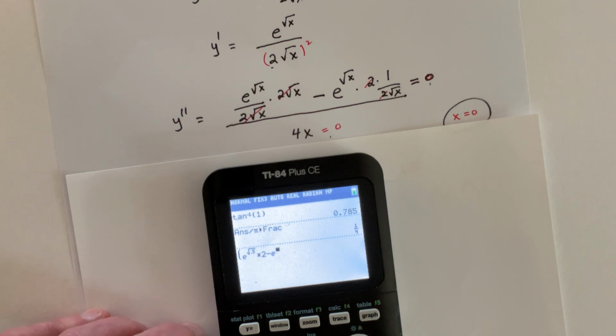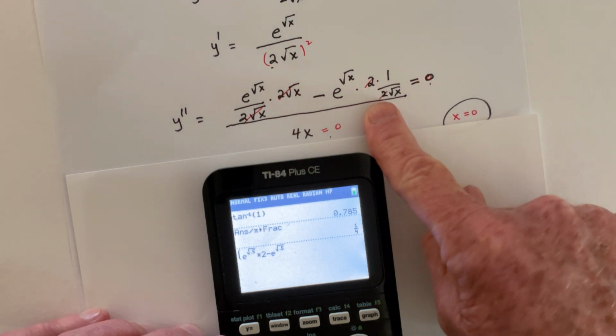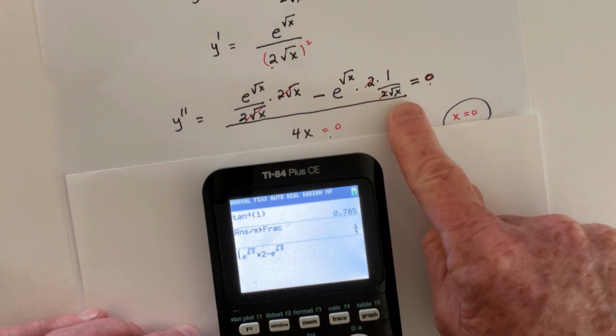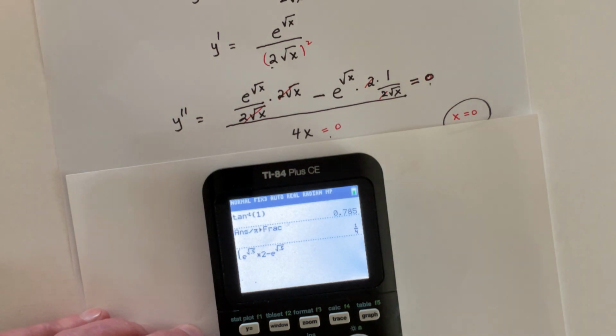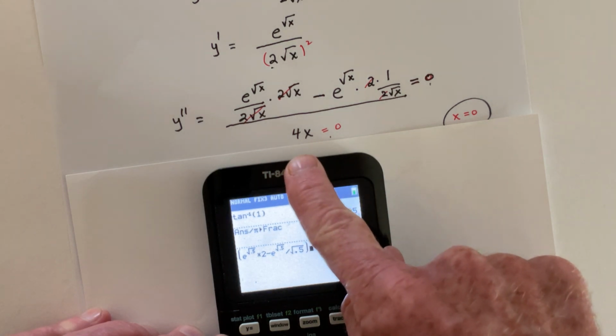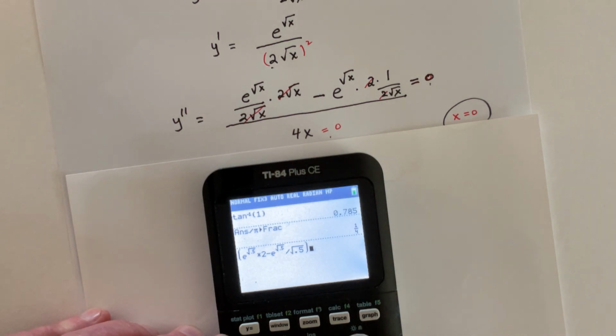And this is also the square root of 0.5, and then move to the right. And these have canceled. I just need to divide it by the square root of 0.5. And then it's divided by 4 times x, so divided by, and I should put that in parentheses, 4 times 0.5.